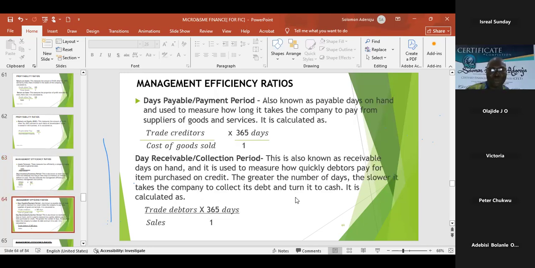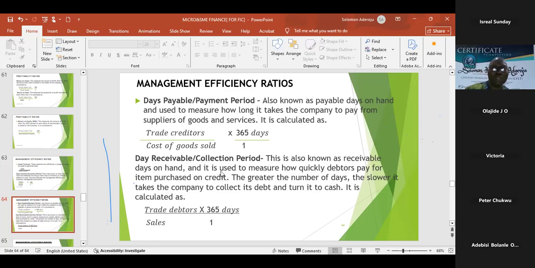And also the receivable means how many days it will take them to collect their money from their debtors. If they collect it on time, if they are proactive enough, if they are assertive enough, if they are pragmatic enough, they will be able to collect their debt on time, which will enhance their working capital, and it also shows that the management is active.